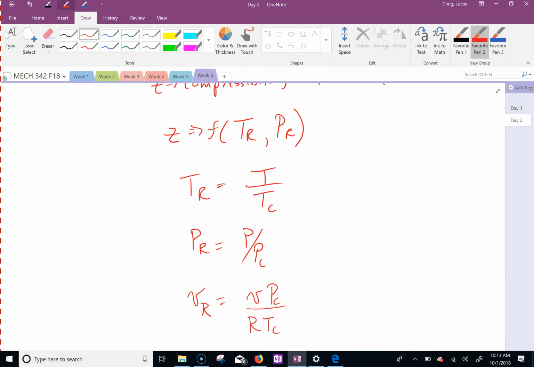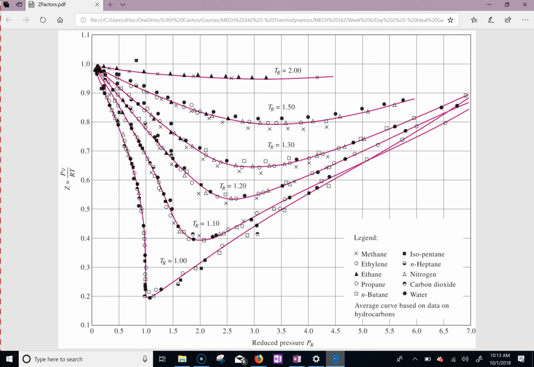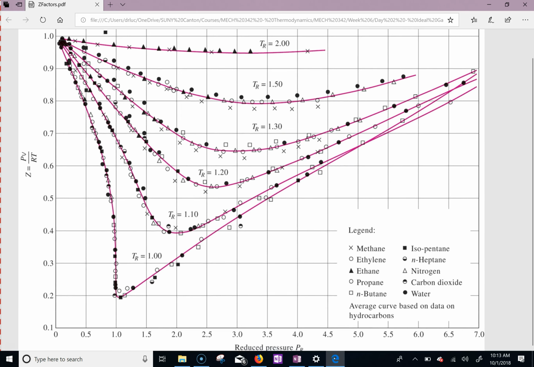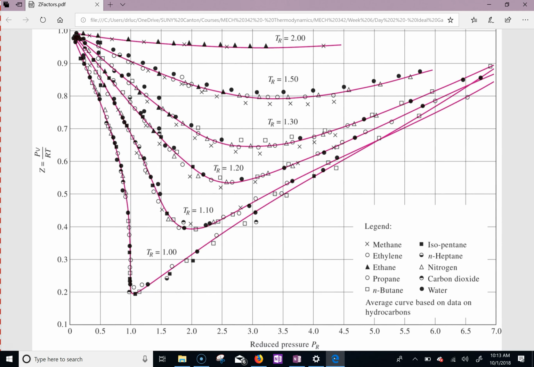And we use these setups, okay? We use that along with the chart, the graph, right there. So on the y-axis is your z, your compressibility factor. Your x-axis is PR, which they call reduced pressure. And then on this, there are lines of TR.